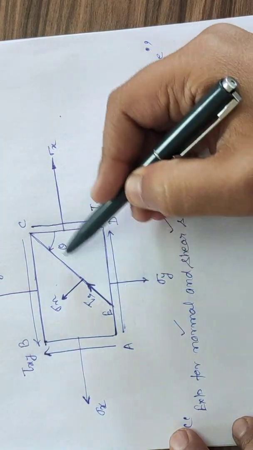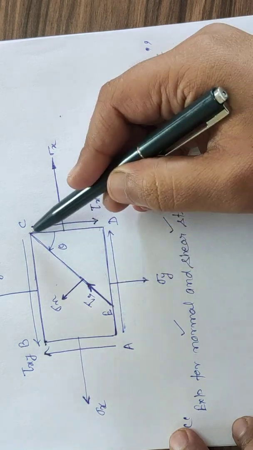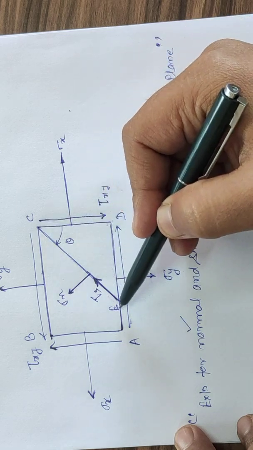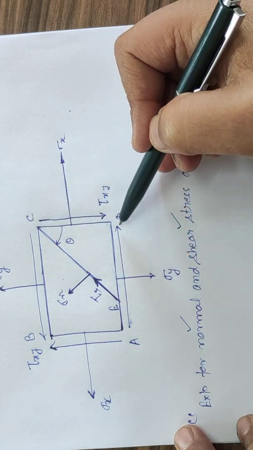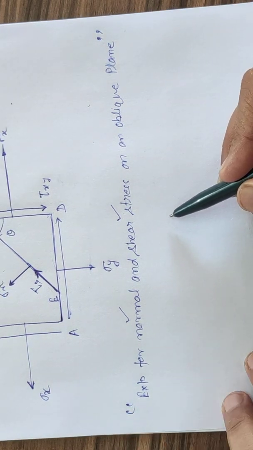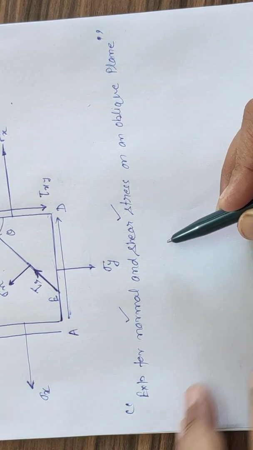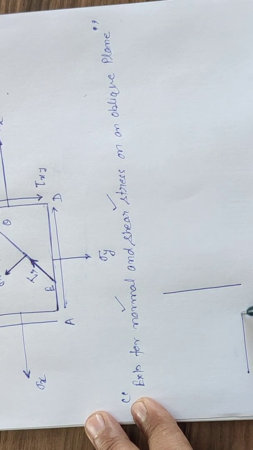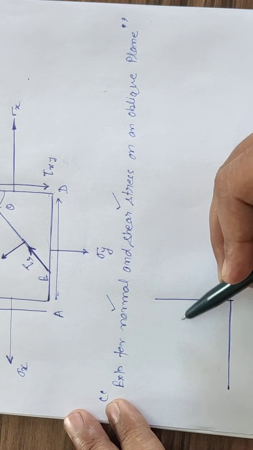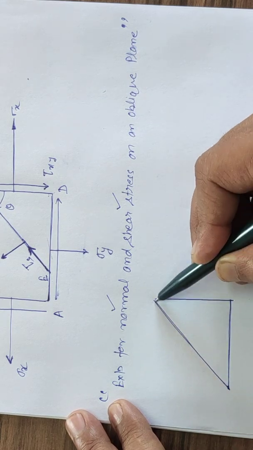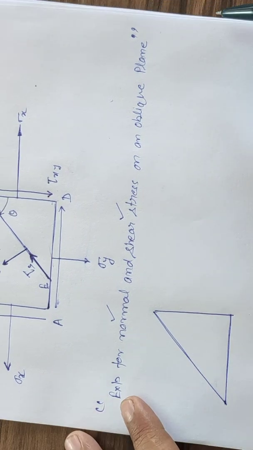Now we are drawing the free body diagram of this element, because the combined element is in equilibrium, so this element ECD will also be in equilibrium. So we are drawing the element ECD, and on ECD we are drawing all the forces.